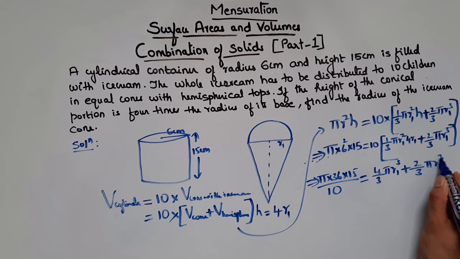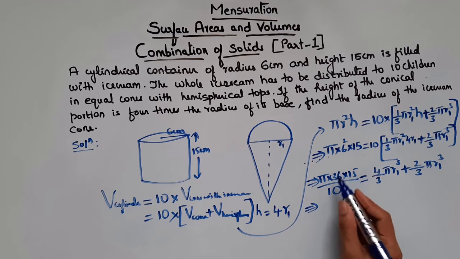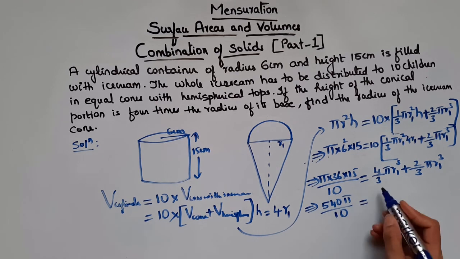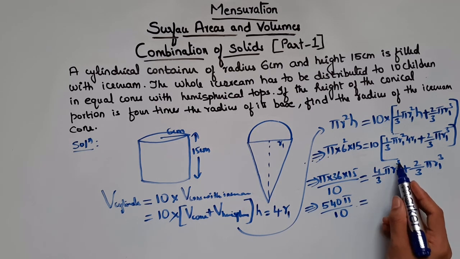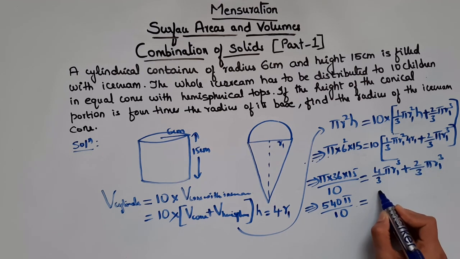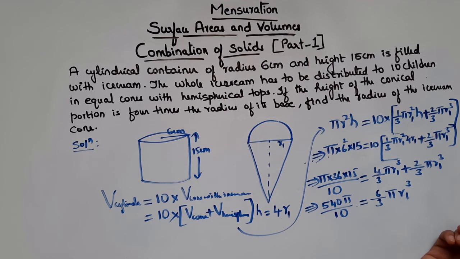Which implies, when you simplify this, this will give you 540 pi by 10, which is equal to 4 by 3 pi r1 cube plus 2 by 3 pi r1 cube, which is nothing but 6 by 3 pi r1 cube, right?